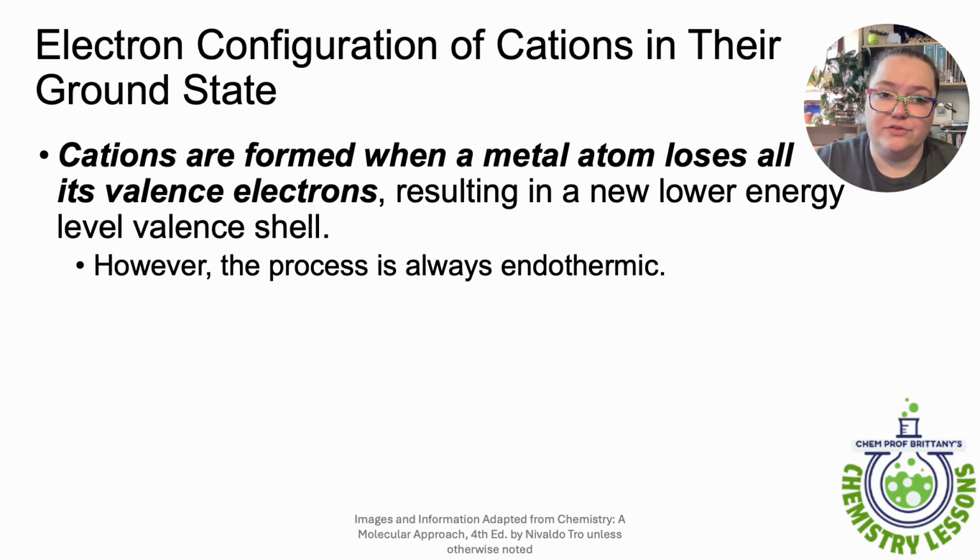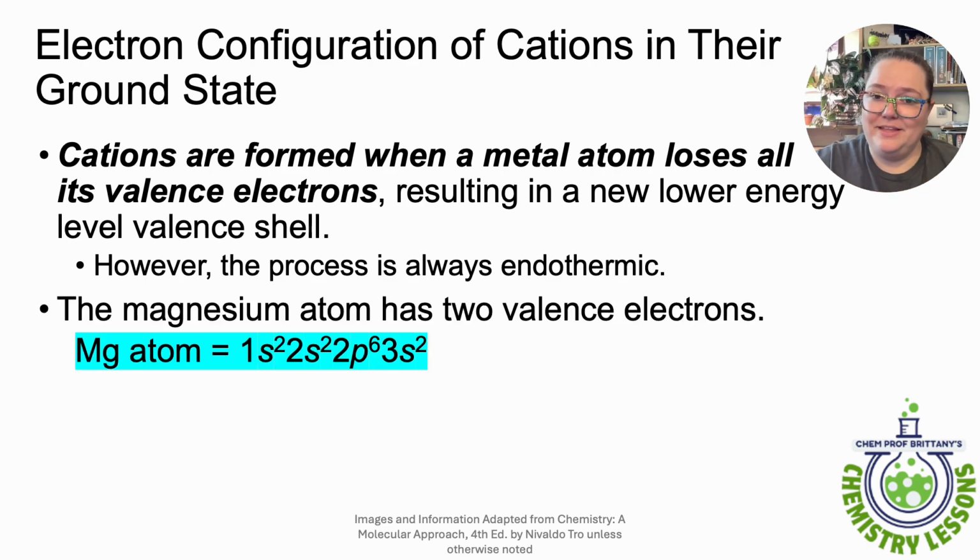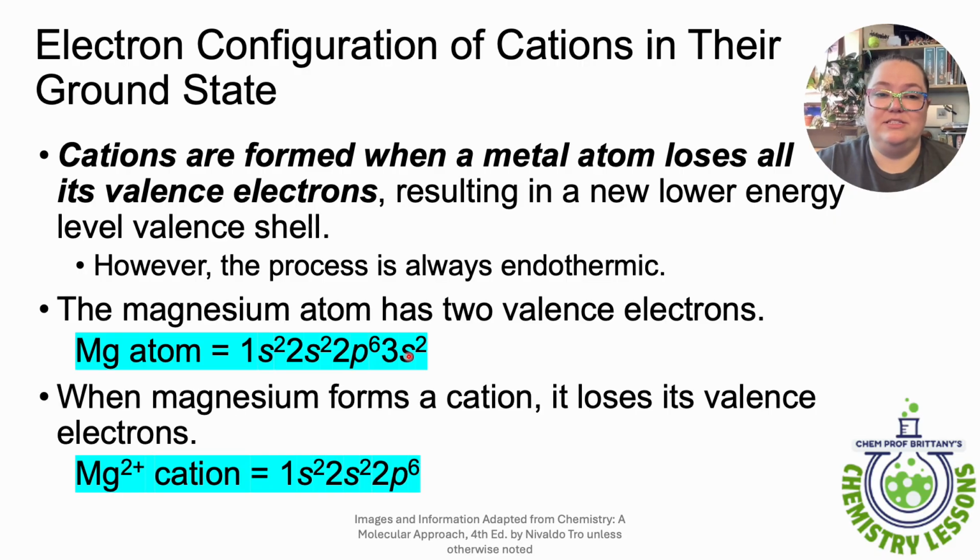Likewise, our cations are formed when a metal atom loses all the valence electrons, resulting in a new, lower energy valence shell. So, this process is always endothermic. And what we have is magnesium that has 2 valence electrons in 3s. Then it loses those valence electrons and becomes the magnesium cation, which looks just like the previous noble gas, neon.